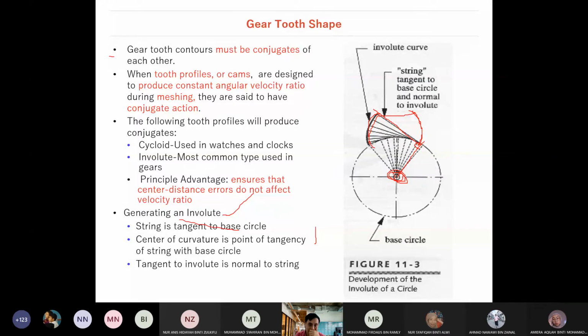Tak perlu belajar tapi awak tahulah apa maksud dia. Bila the load is transferred, we need a tangent between the teeth, sebab nanti dia akan contact dengan the next teeth using the tangent.